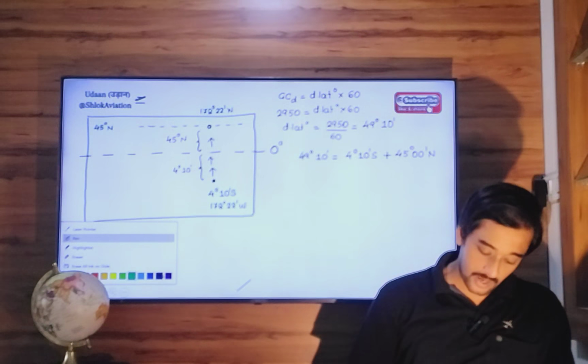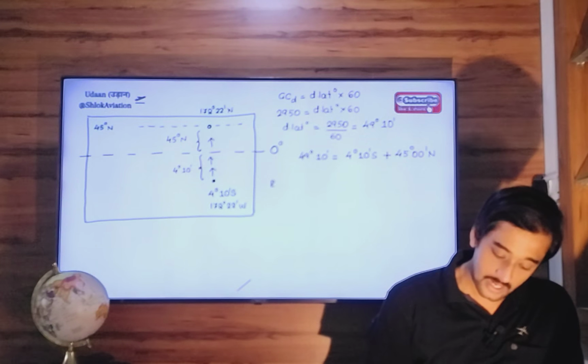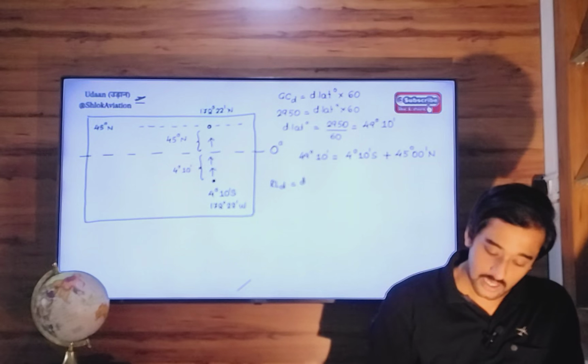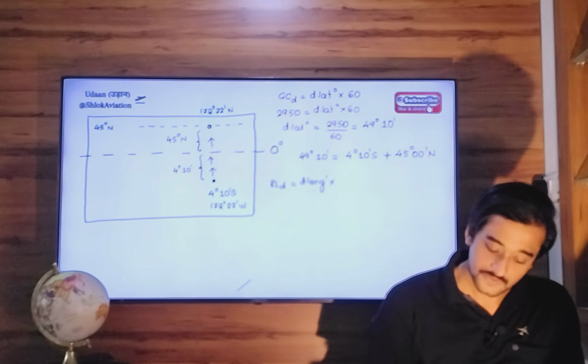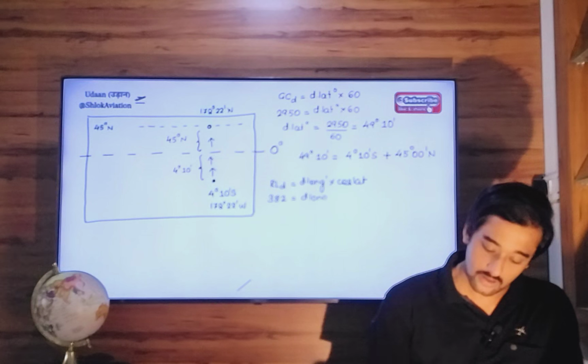So when you fly along a parallel of latitude, you are flying a rhumb line. So rhumb line distance equals d long in minutes into cos lat. So 382 miles equals d long in minutes into cos of 45.